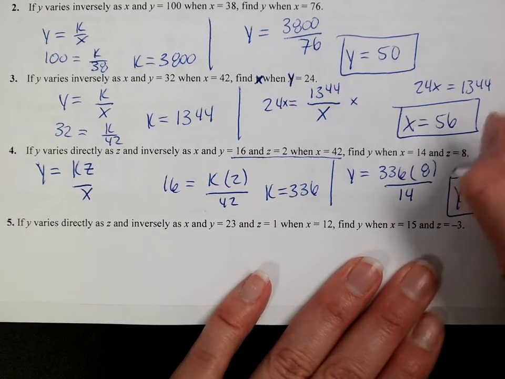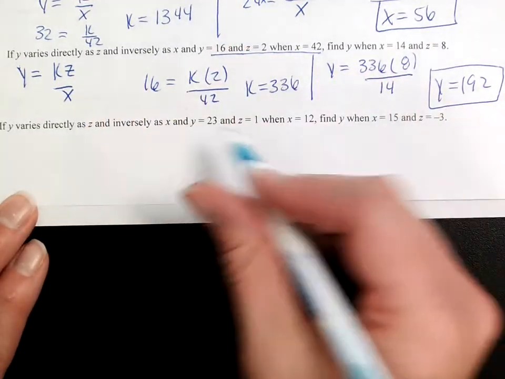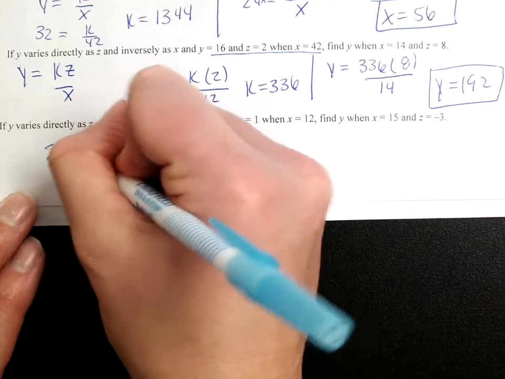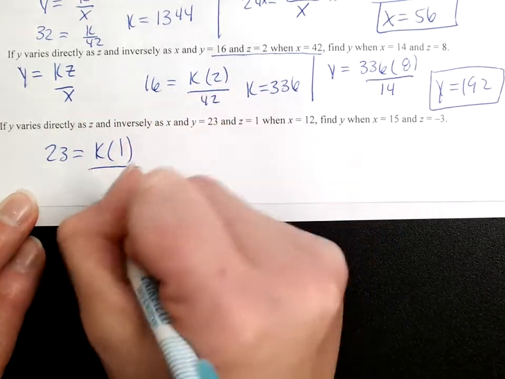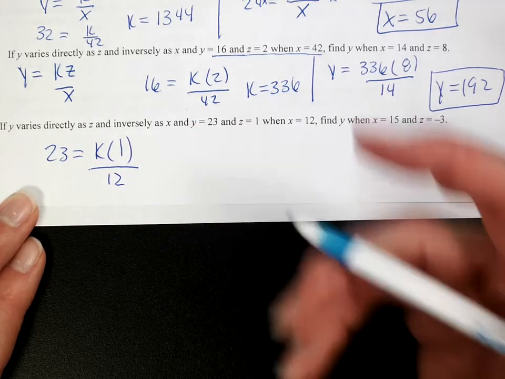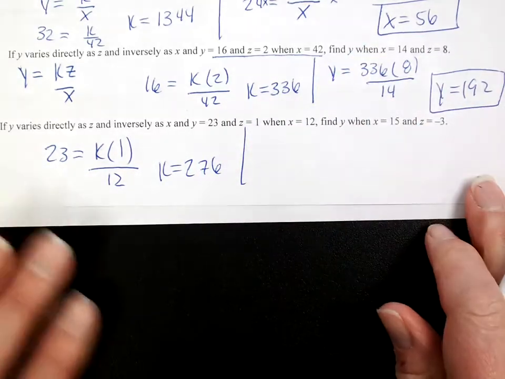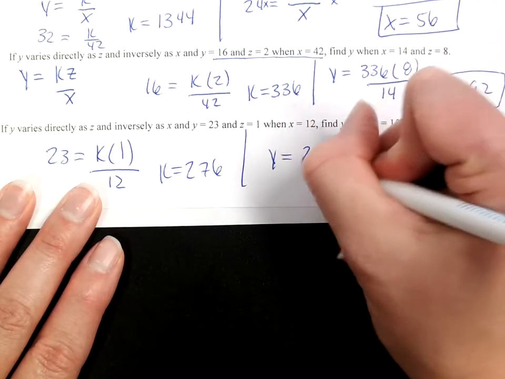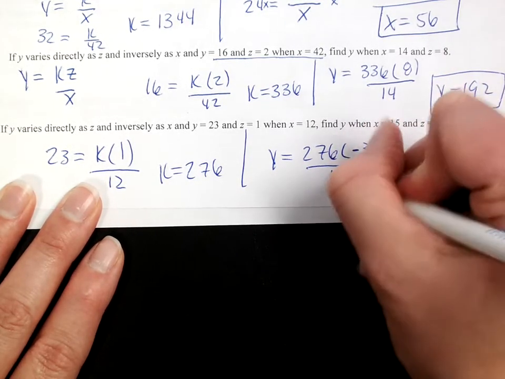And one more just for kicks. Again, same equation. So 23 equals k times 1 divided by 12. So that's going to be 23 times 12, technically divided by 1, but k is going to equal 276. Again, once you know that, y equals 276 times z is negative 3 divided by 15.